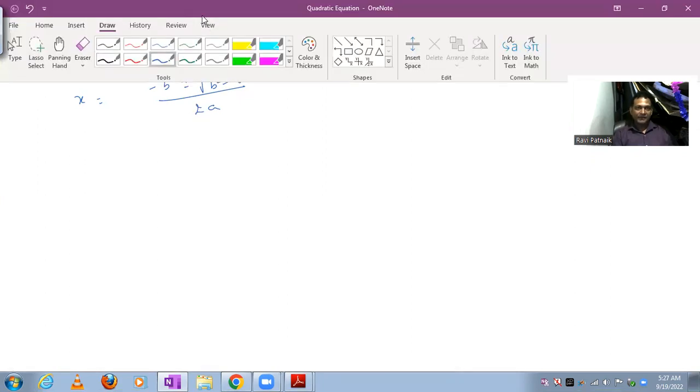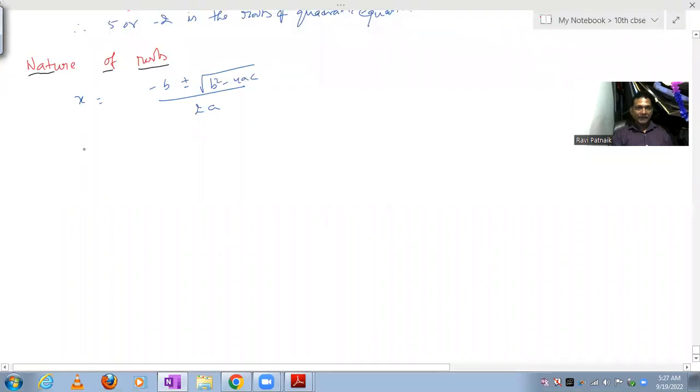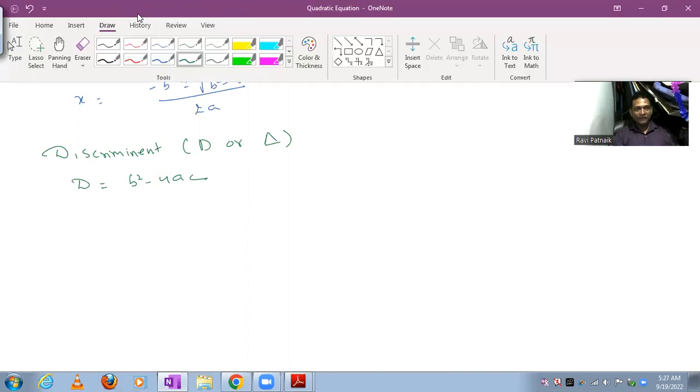That's why there is one term called discriminant. Discriminant is denoted by either D or delta. So D is the discriminant. D is equal to how much? b square minus 4ac.